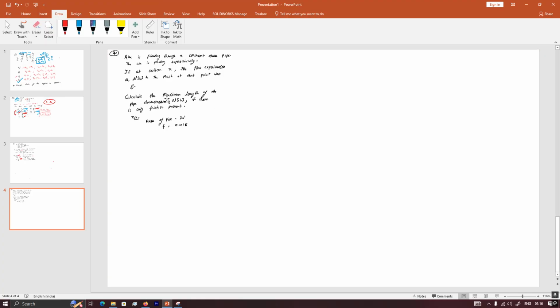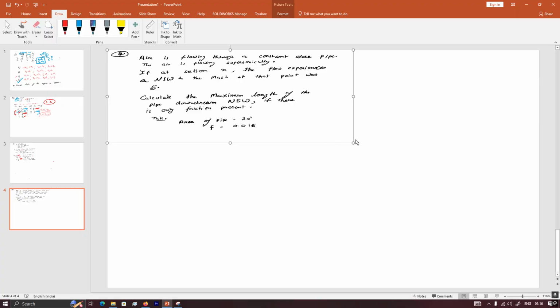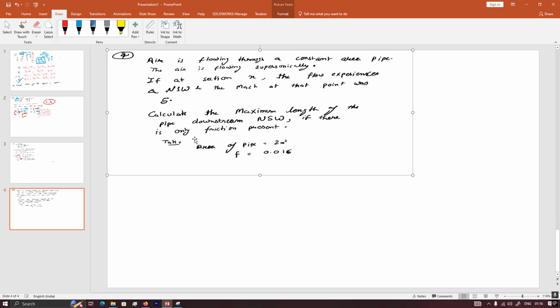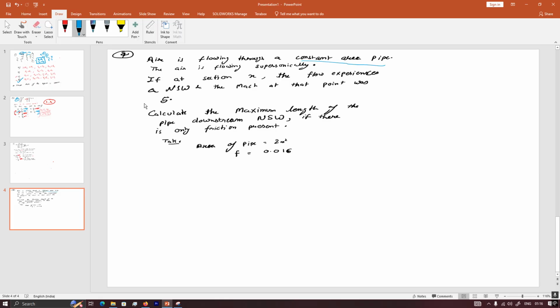Okay, so air is flowing through a duct with a constant area pipe. If constant area comes, you can think of either Rayleigh flow or Fanno flow. Both are possible if this much data is given.